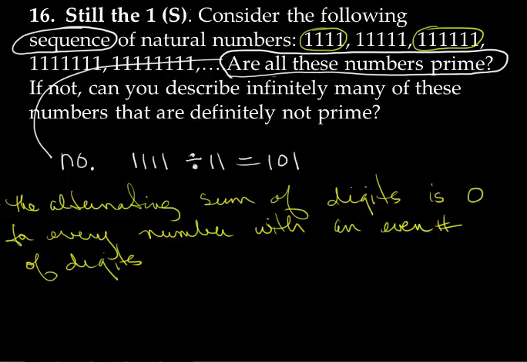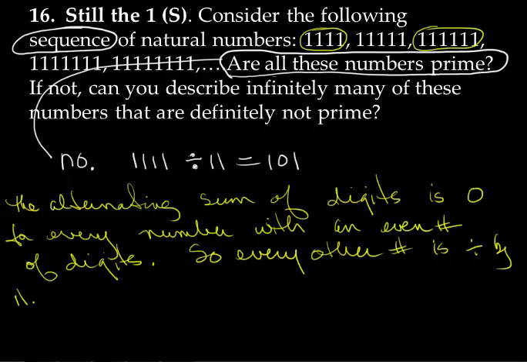The digits are all 1. So every other number is divisible by 11. And that's infinitely many. Every other number is divisible by 11.